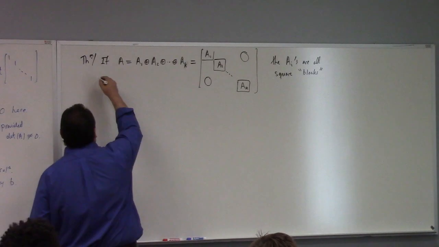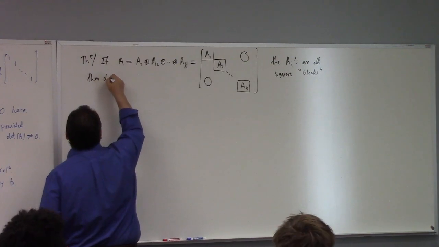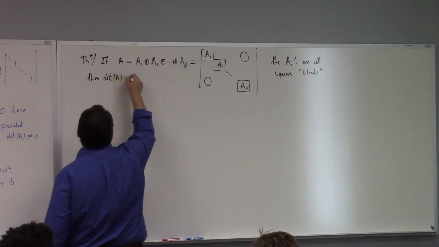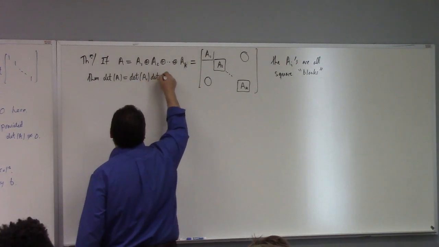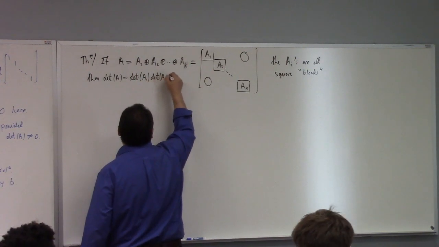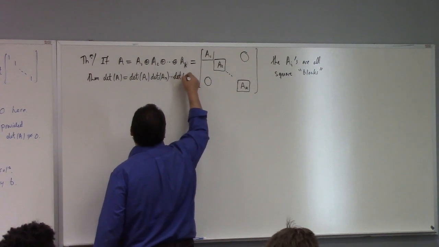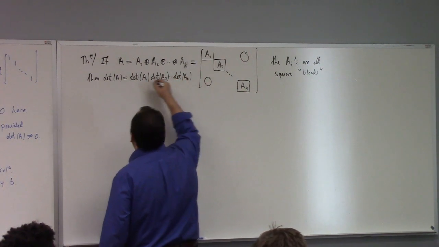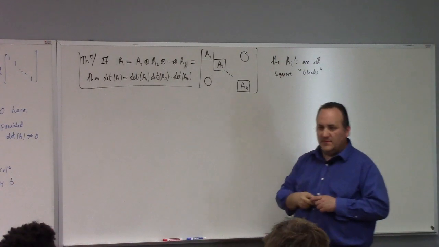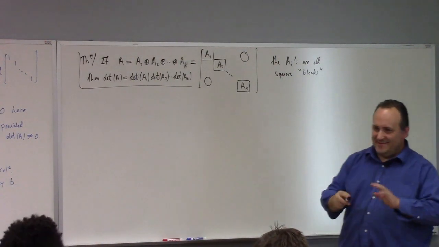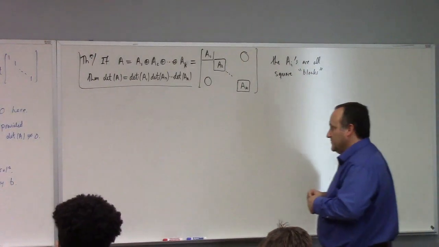In other words, the determinant of A is the determinant of A1 times the determinant of A2 up to the determinant of Ak. This one I will not prove. This is kind of a pesky one to prove, but it's fun to use.